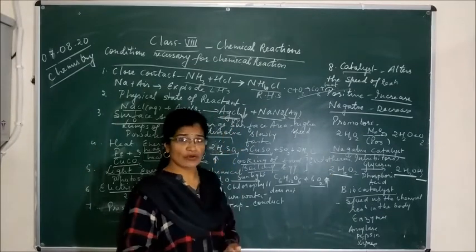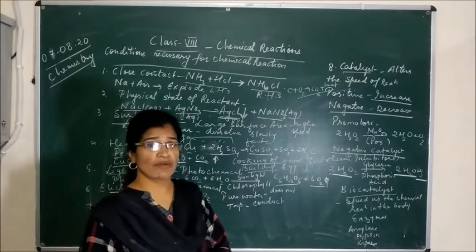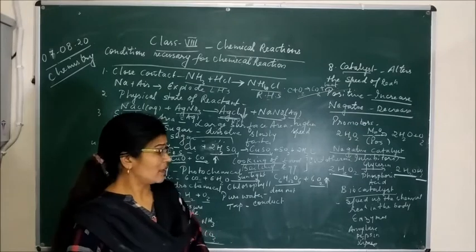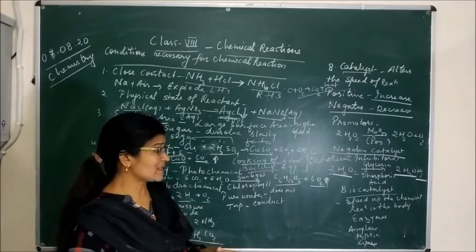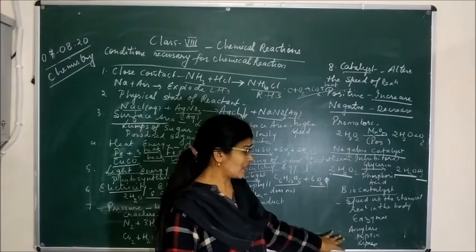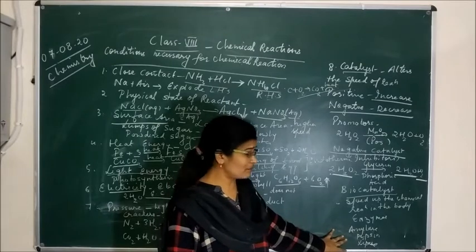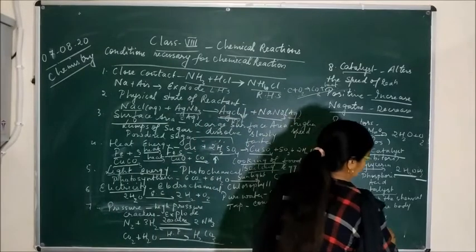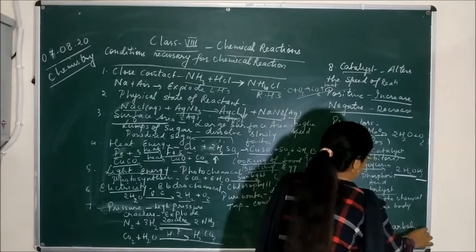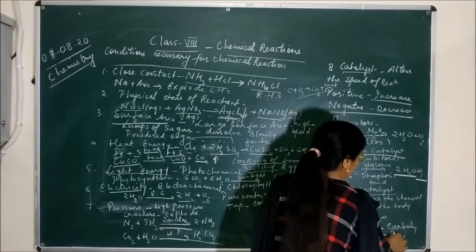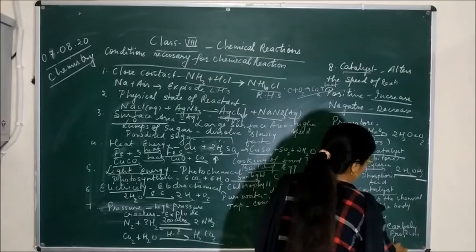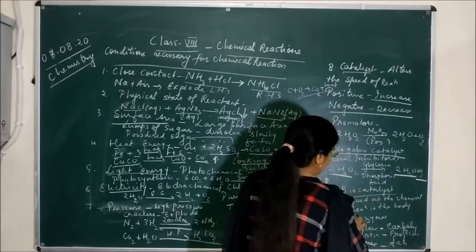There are also some biocatalysts present in our body, like enzymes such as amylase, pepsin and lipase. These three are the main enzymes present in our digestive system. Amylase is very important because it helps in the digestion of carbohydrates, mostly glucose, pepsin helps in the digestion of proteins, and lipase helps in the digestion of fats.